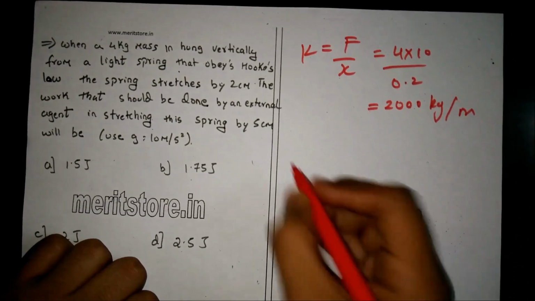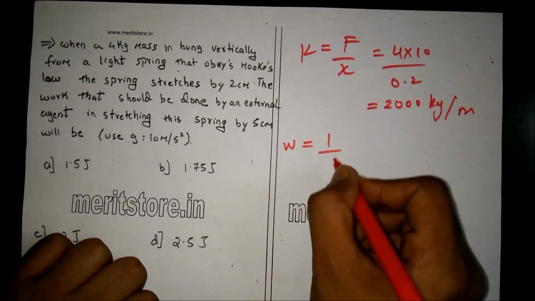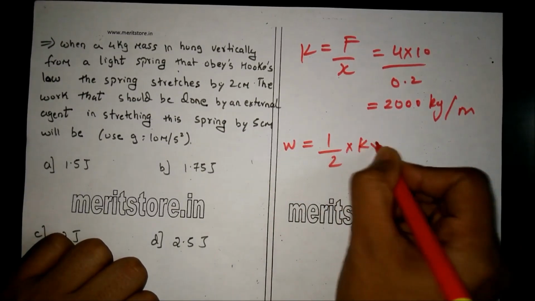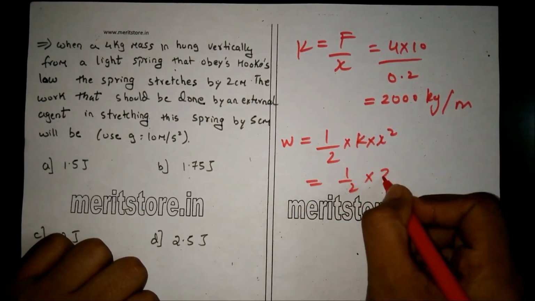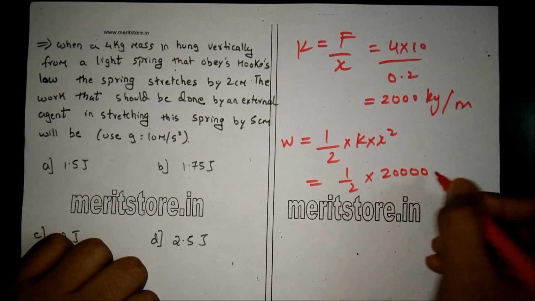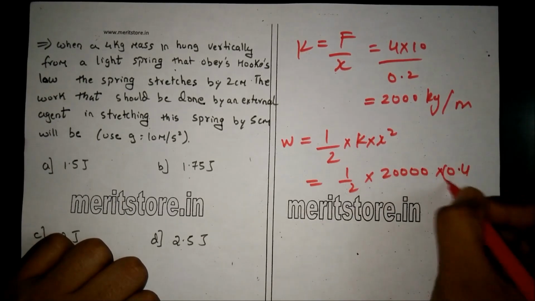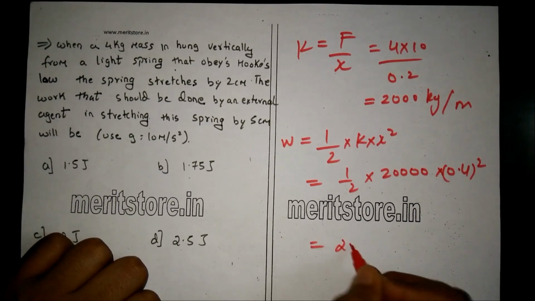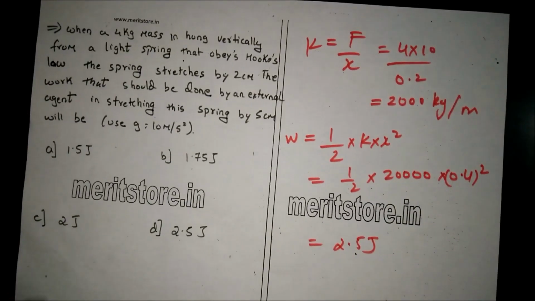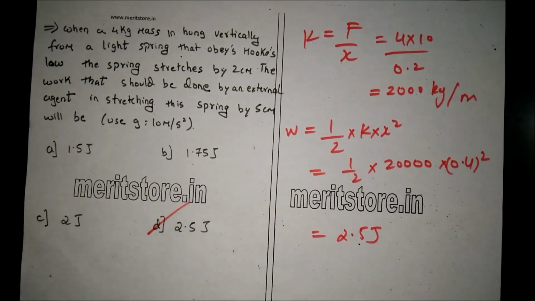Now the work done is equal to half into K into X square, which is equal to half into 2000 into 0.05 the whole square, which is given by 2.5 joules. On calculation, we get the answer is 2.5 joules. Therefore, here the correct answer is option D.